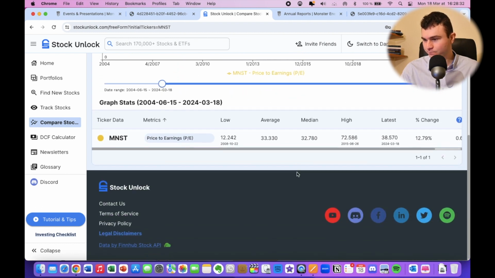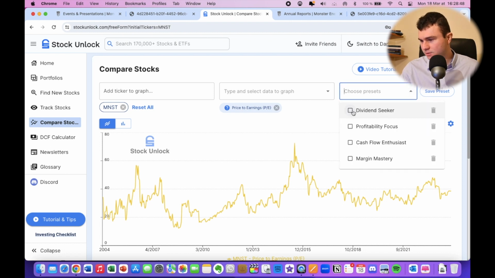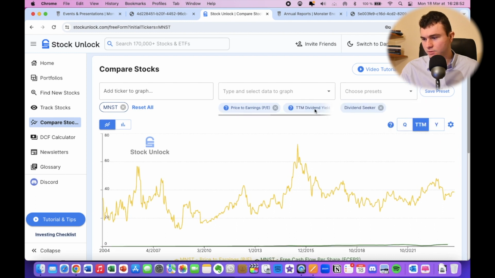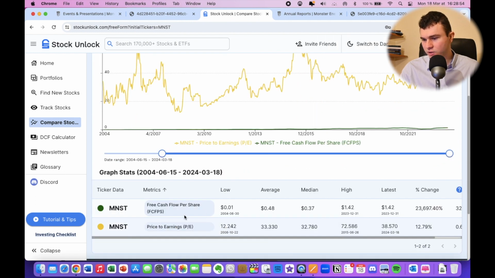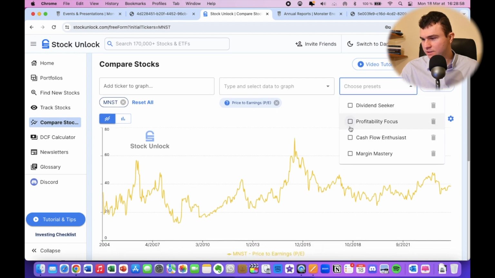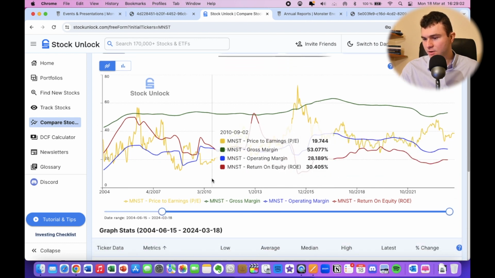Okay, very well. I think these presets are new on Stock Unlock. Dividend seekers: no dividend, so nothing for us. Free cash flow per share: nope. Profitability focus. Oh, okay, it will show me the graphs for profitability.